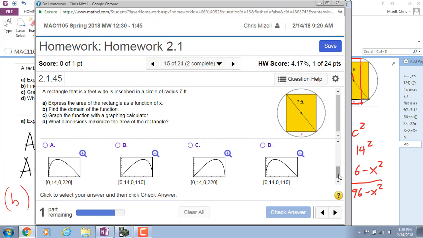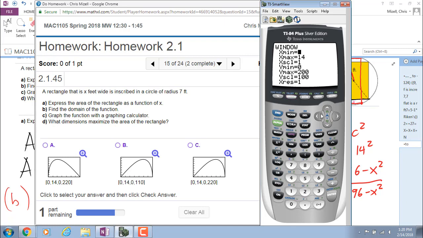Gee whiz. Well, either B or C. If I set my Y max at 110, I think that's going to do it for us. So I'm going to set the Y max at 110, and it should look just like answer B.